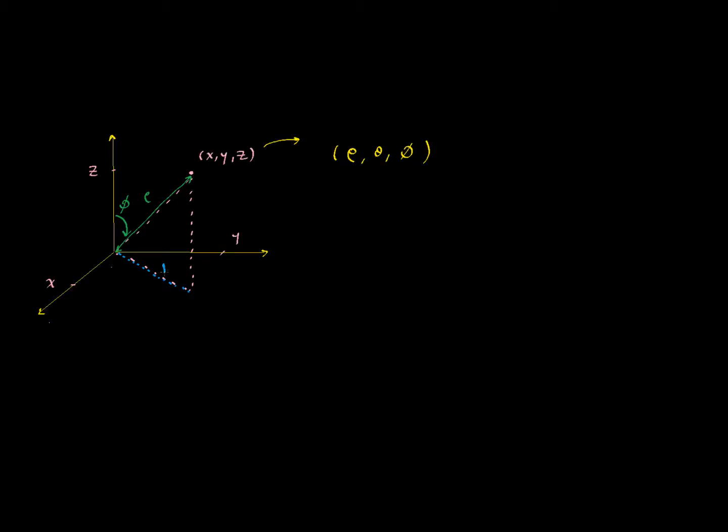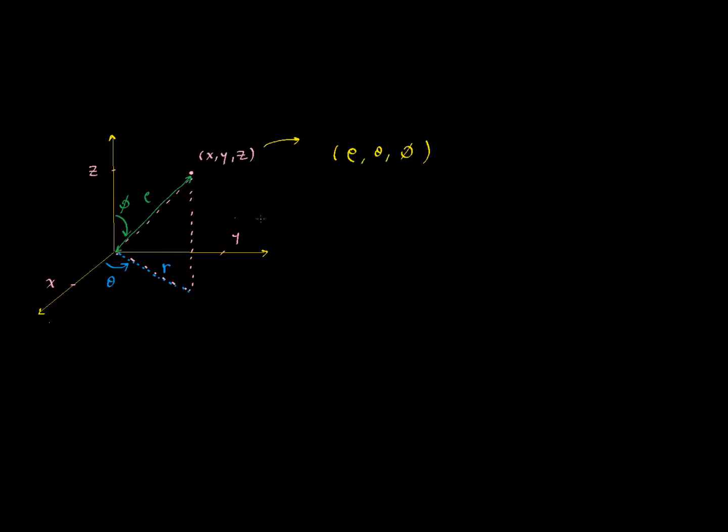Let's call this the radius r. And the angle between the positive x-axis and this radius is theta. So we say how far the point is from the origin, the angle between the positive z-axis and the radius of the sphere, and the angle between the projection of the radius of the sphere on the xy plane and the x-axis. So that's how we define a point in spherical coordinates.